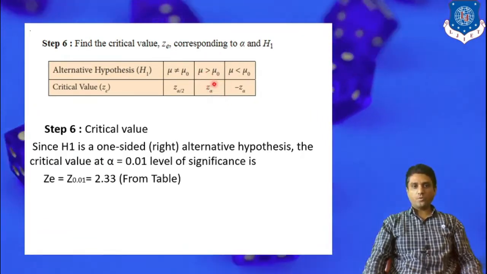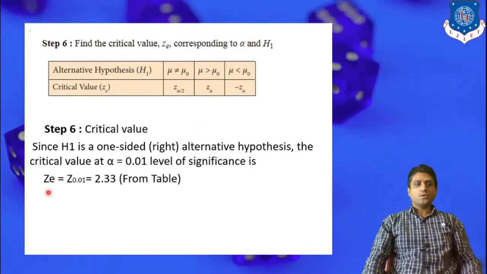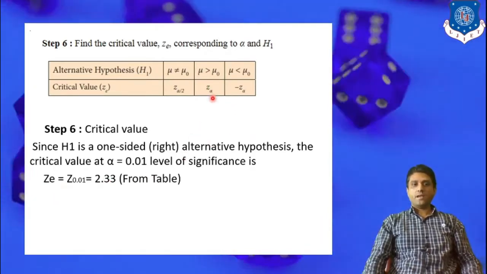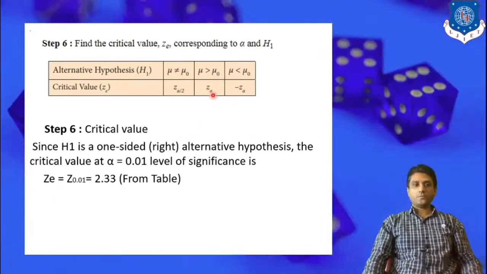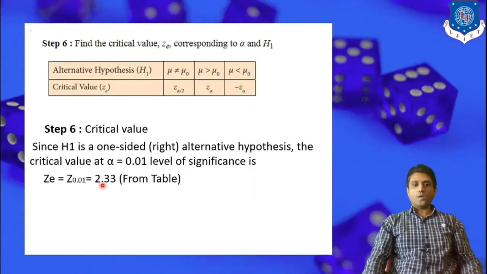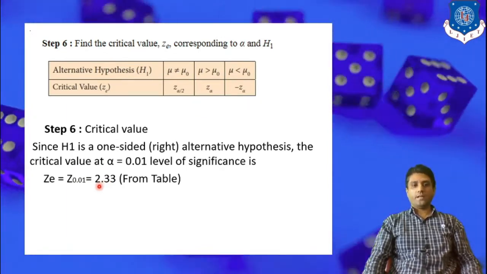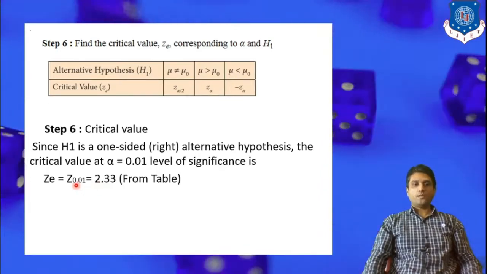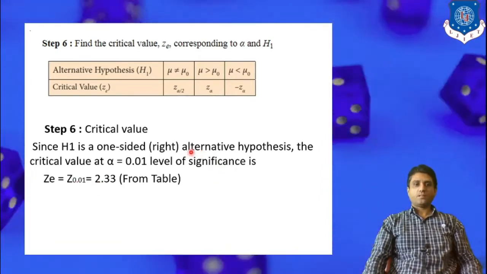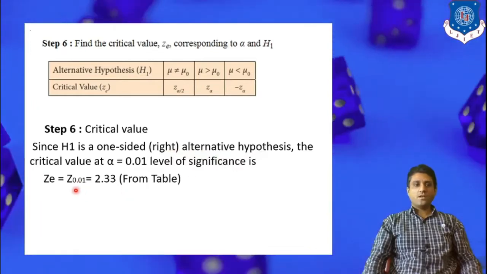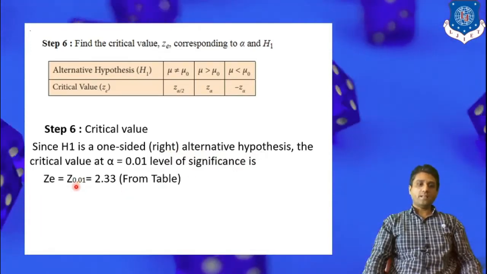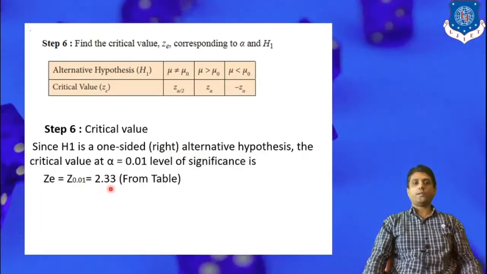So we have to find this value Z alpha. Here the level of significance is 1%, that's why we write 0.01. We obtained this value in our previous lecture on the level of significance critical value. For the one-sided right alternative hypothesis, we see precisely how we can obtain this value, 2.33.